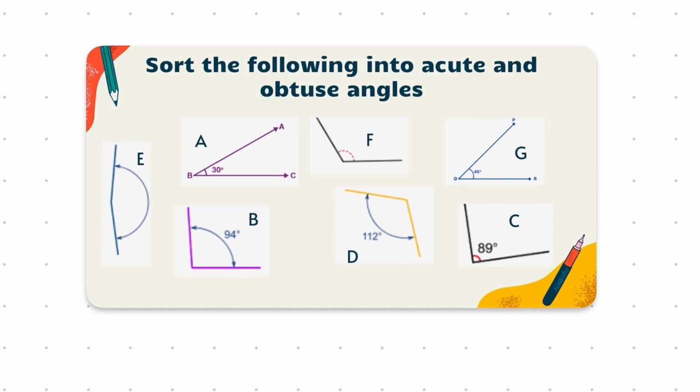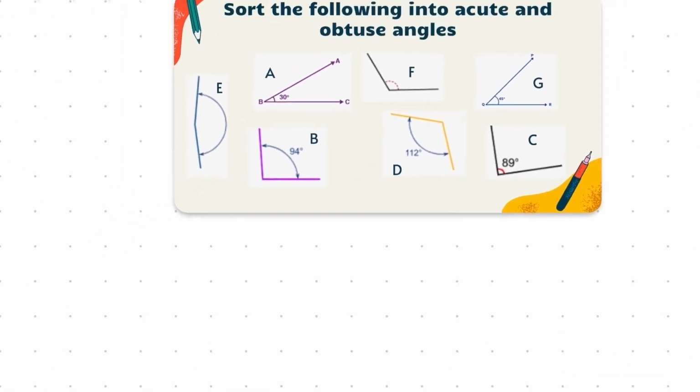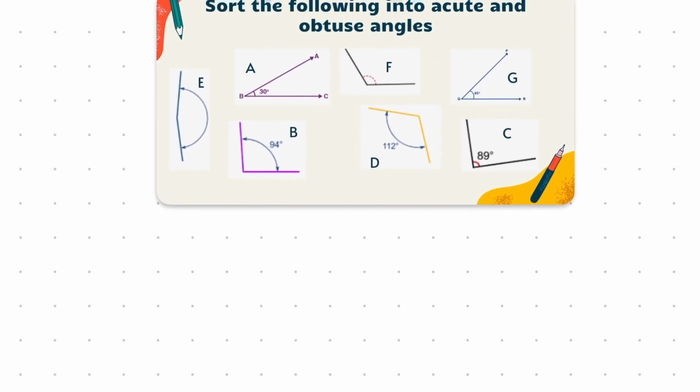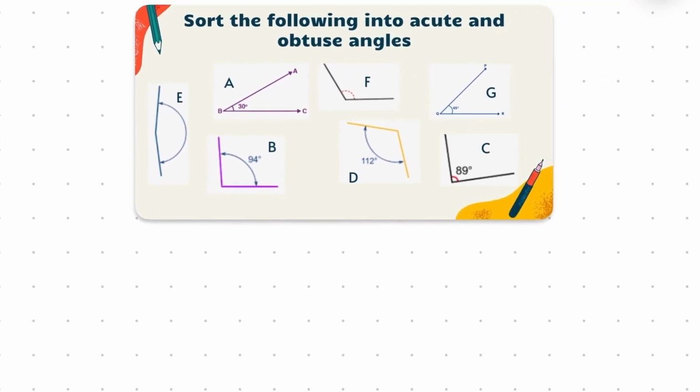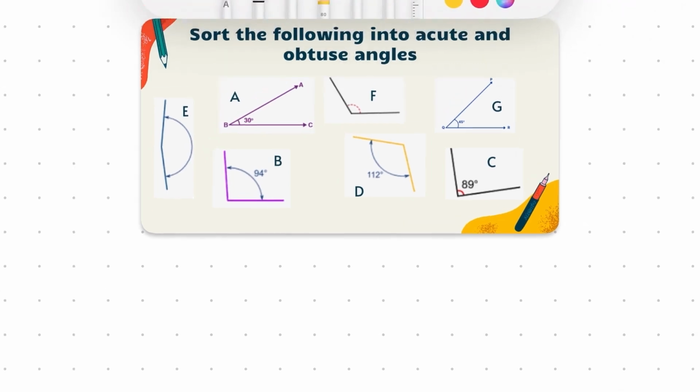We're asked to sort the following into acute and obtuse angles. Remember that an acute angle measures less than 90 degrees and an obtuse angle measures between 90 and 180 degrees. So I'm going to create two categories. One is going to be our acute angles, and one is going to be our obtuse angles.